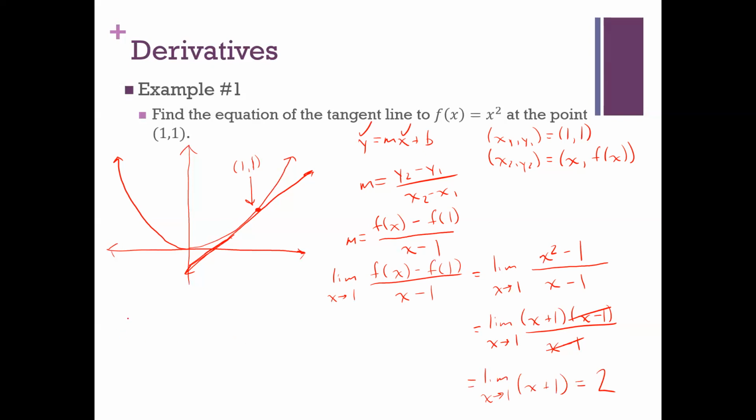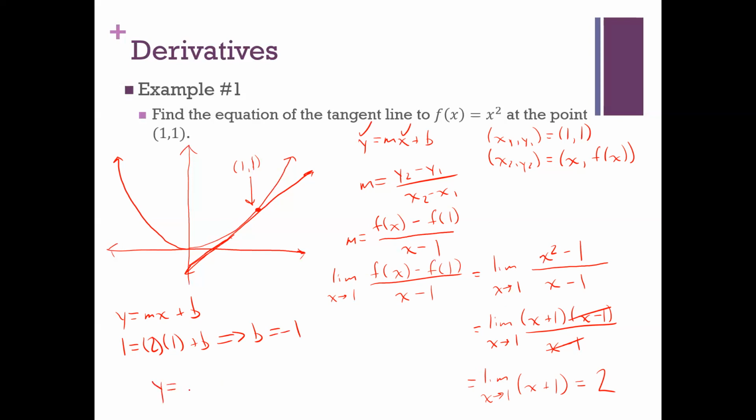Let's get the rest of this equation now. So I know that y equals mx plus b. I'll just put it down again here. I gave you that y was equal to 1 and that x was equal to 1. We just discovered that m was equal to 2. So that gives us that b is equal to -1.